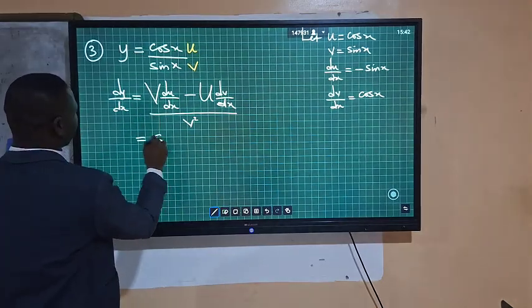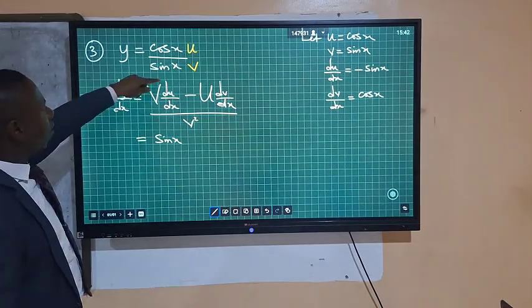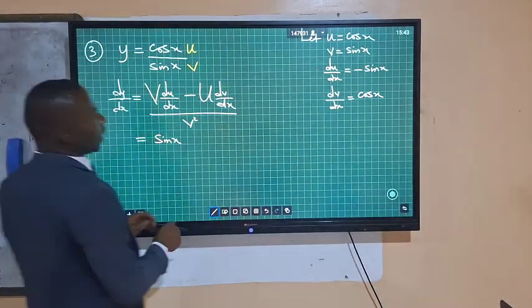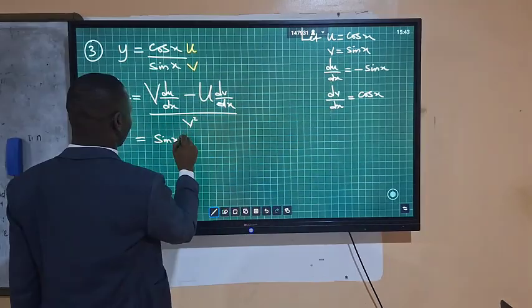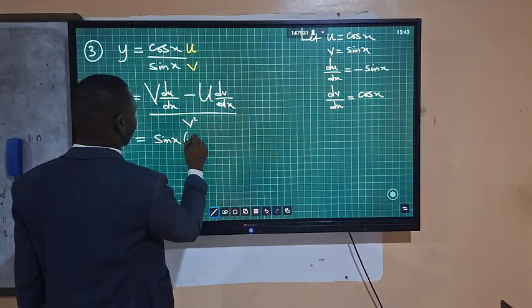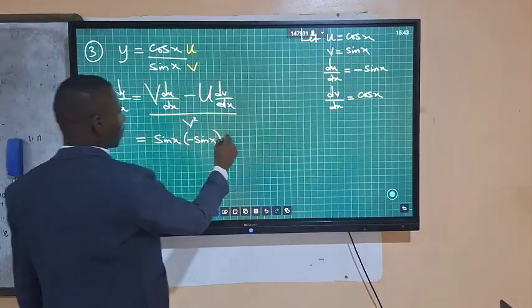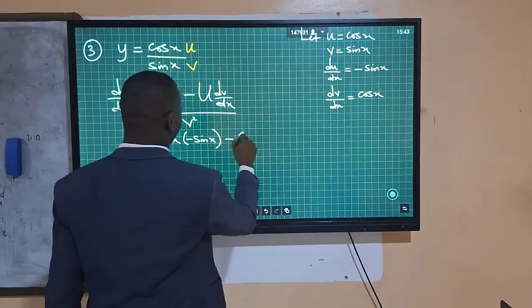Our v is sine x. What is our du over dx? du over dx is nothing but minus sine x, then minus, what is our u? Our u is cos x.